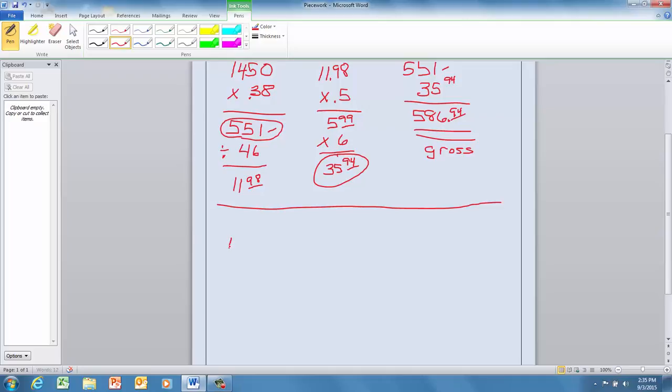So I have 1,120 pieces times the 38 cents per piece. Which is $425.60.